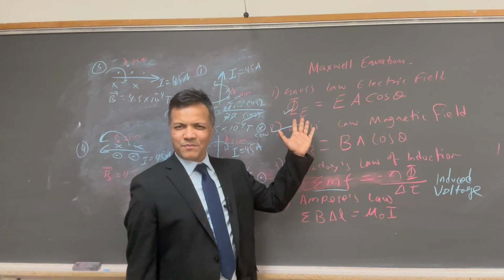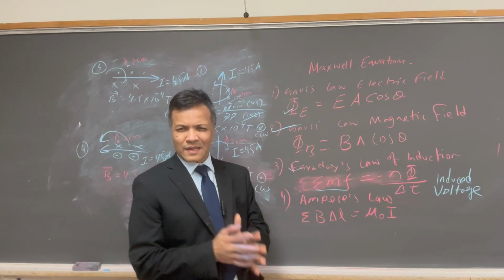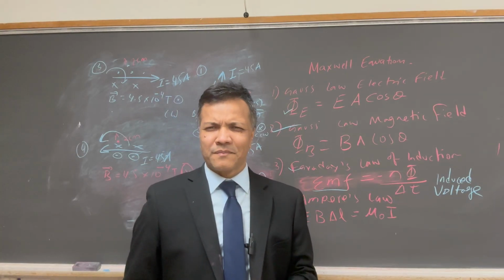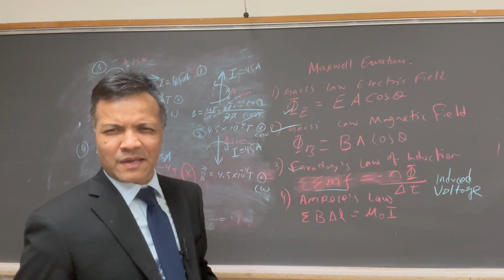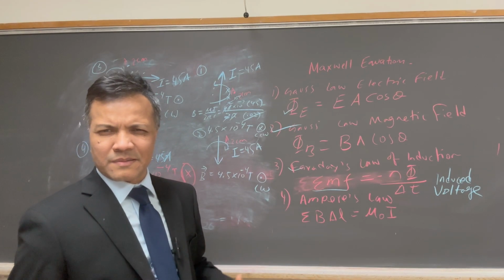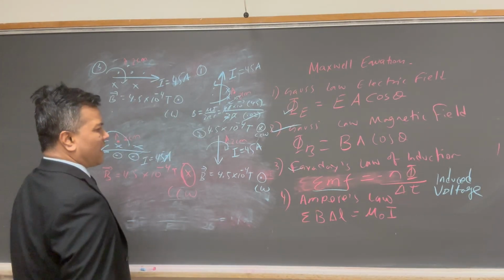I gave you the example of each and every Maxwell law. There are 4. He put together these 4 equations, and this gave him the speed of light.